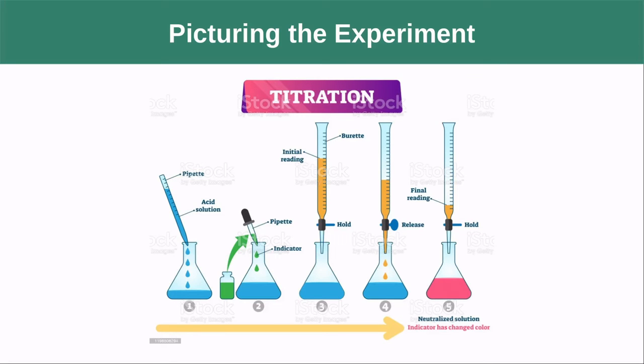Let's take a look at an example titration experiment. We start by adding an unknown acid solution into a flask. We'll use a pipette so we can accurately measure how much volume we added. We then add a few drops of our indicator solution.